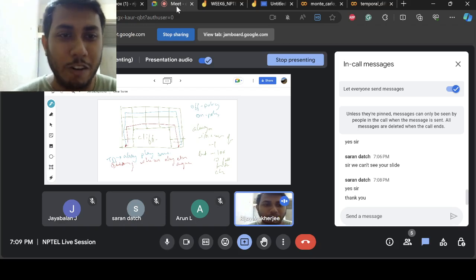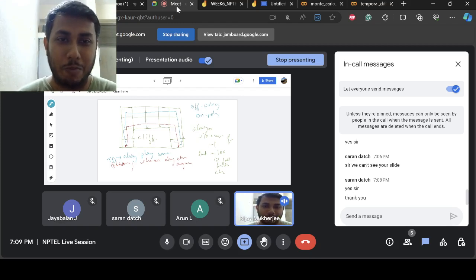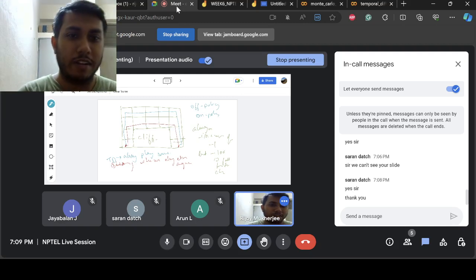But in off policy you are using two different ones. You do your exploring using one policy, and another policy you just use to get your best policy out. So that's why one is called behavioral policy, another is called target policy.